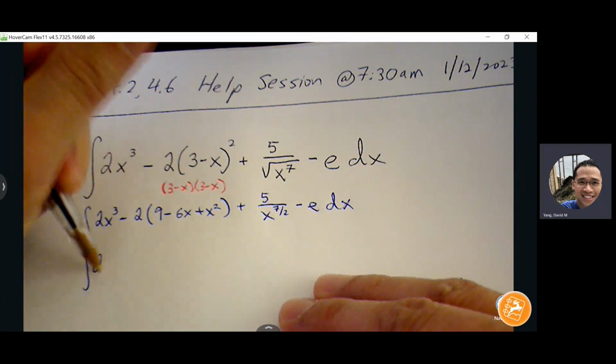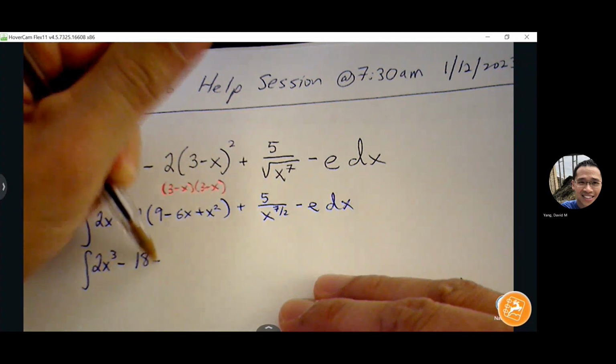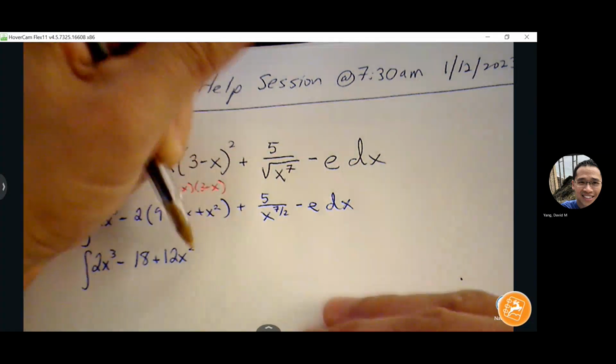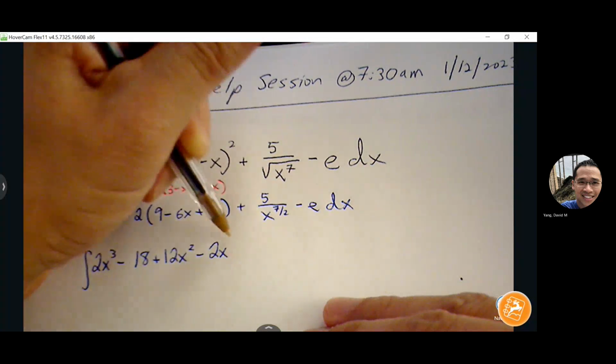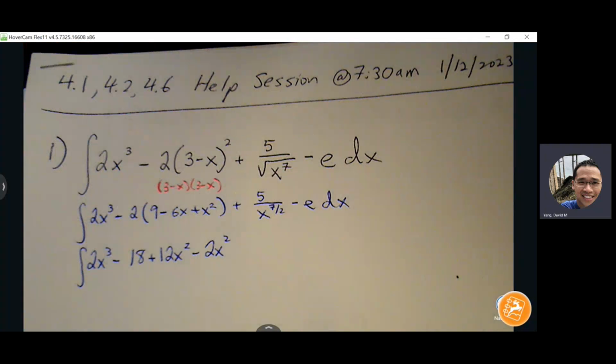Continuing to clean this up. Sorry, minus 12x, not 12x squared.